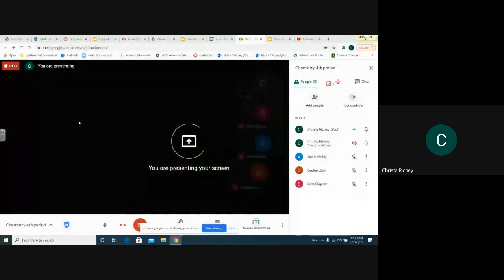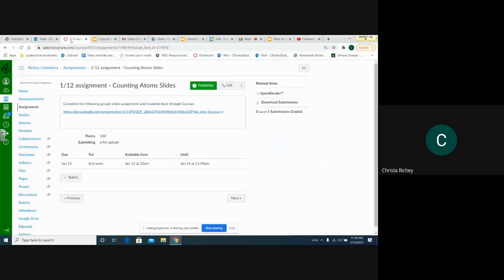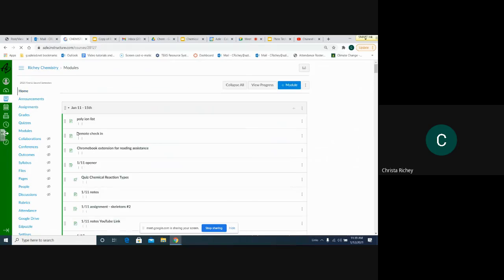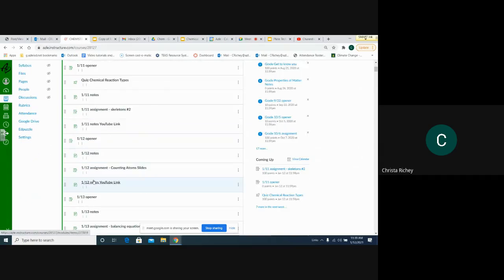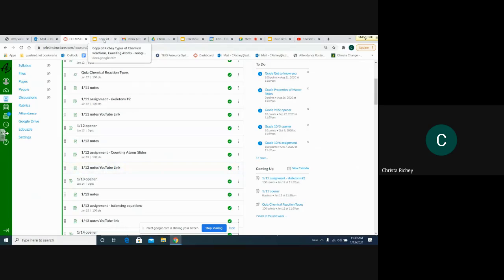Let me change it so they can see it. Okay, so you're going to go into Canvas. Gosh, our computers are so slow today. And you're going to hit the counting atom slides and you're going to make a copy.